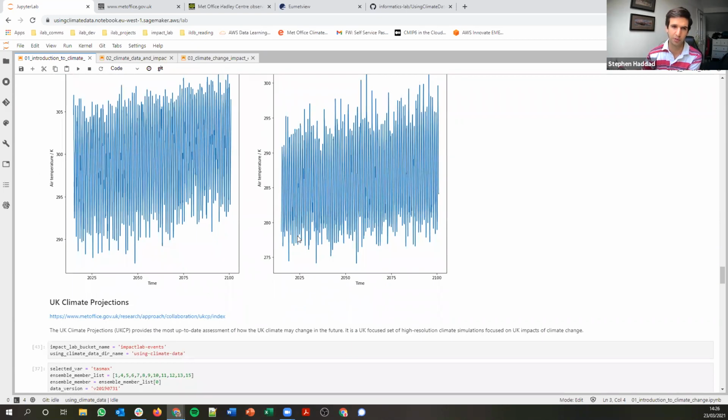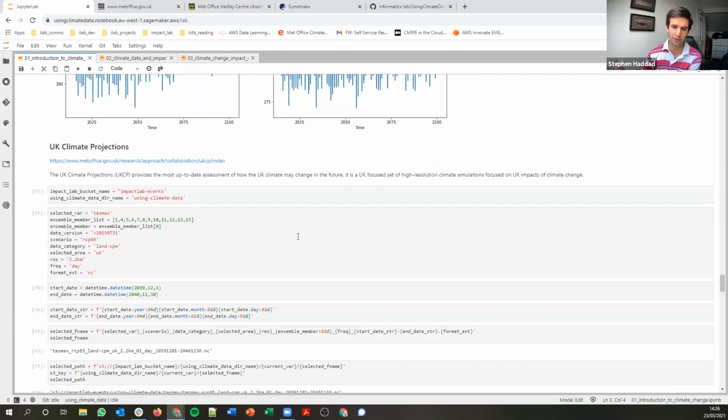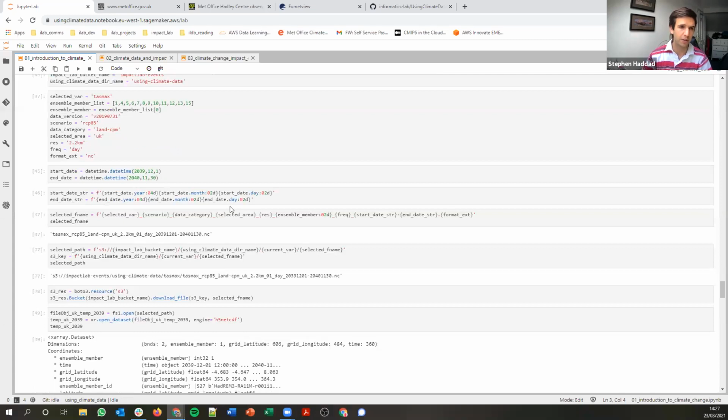But what's really valuable is bringing climate change down to a more local level. And that's what UKCP is all about: much higher resolution simulations of the climate. Here, you generally need to download this data from a place called CEDA, which there's a link to somewhere in this notebook.